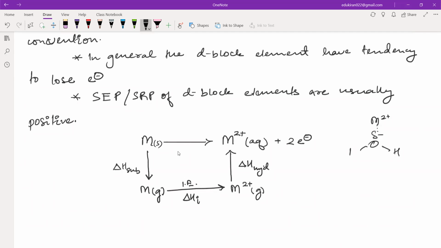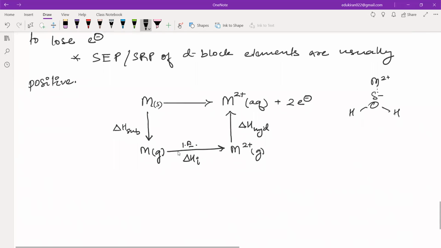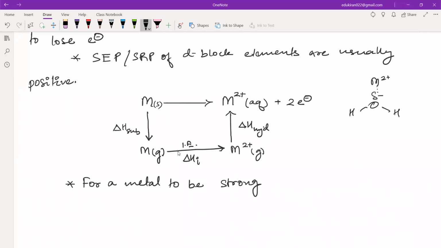So for a metal to be a strong reducing agent, it is losing electrons, so oxidation is happening, and the metal will be of reducing nature.